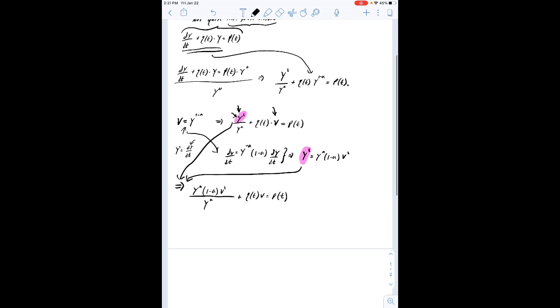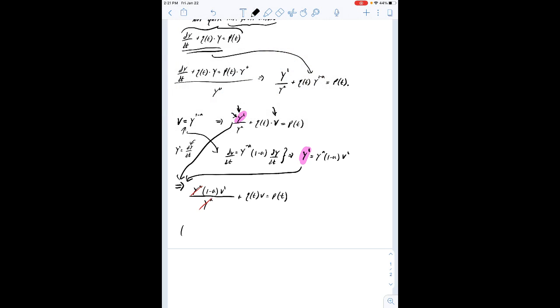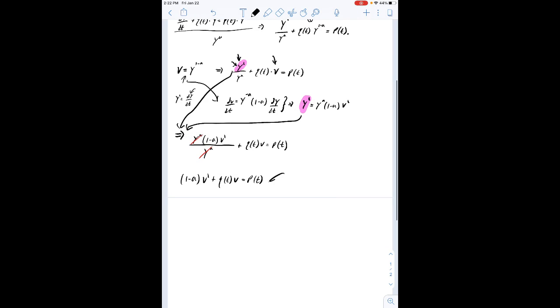Okay, so what's really cool about this is we see that these two right here immediately cancel, and we're left with a form 1 minus a, v prime plus q of t, v equals p of t. And this is exactly, or not quite exactly, but really close to, I'm going to say, integrating factor method.